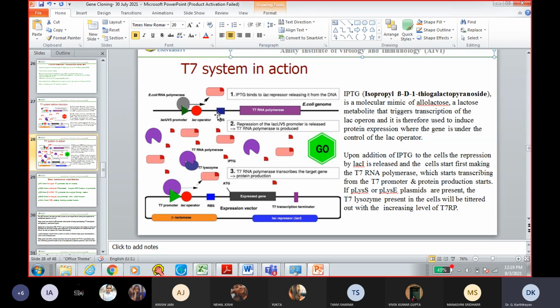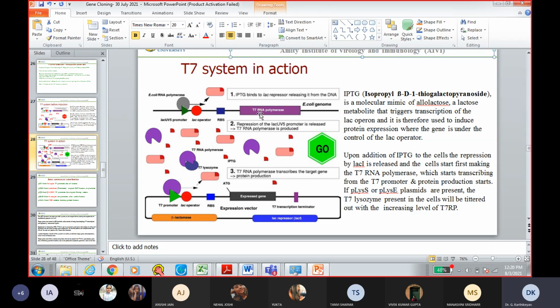in its genomic DNA the T7 RNA polymerase gene, which is under the control of the lac promoter, followed by the lac operator sequence. This is the structure of that gene that is being shown here.